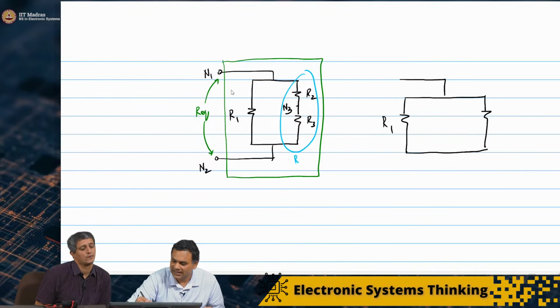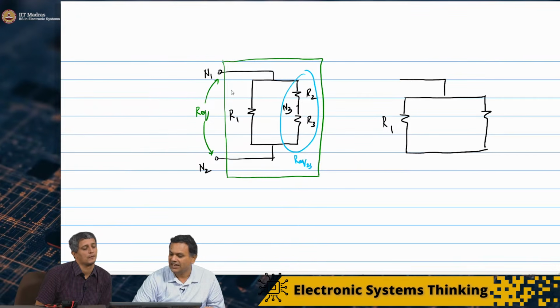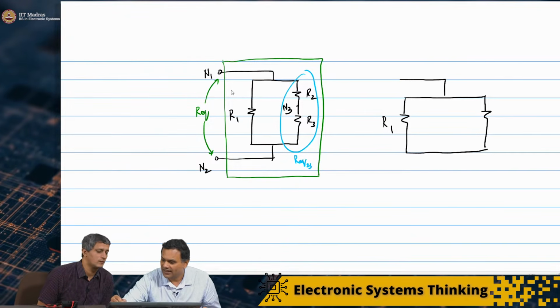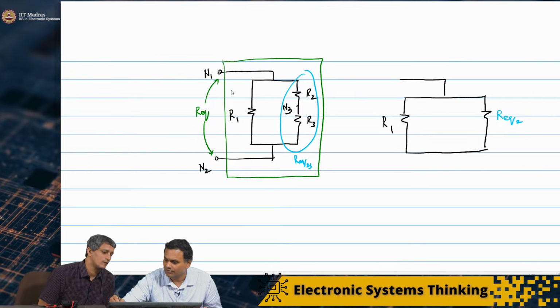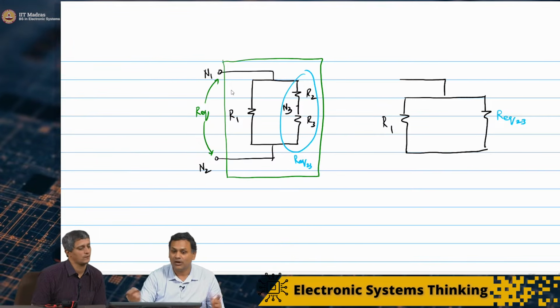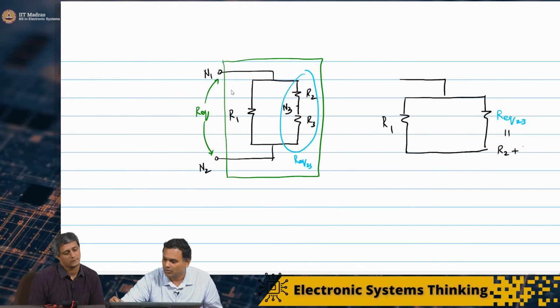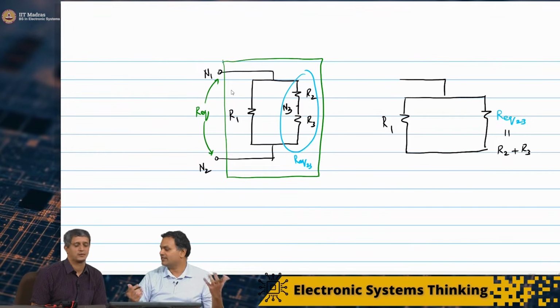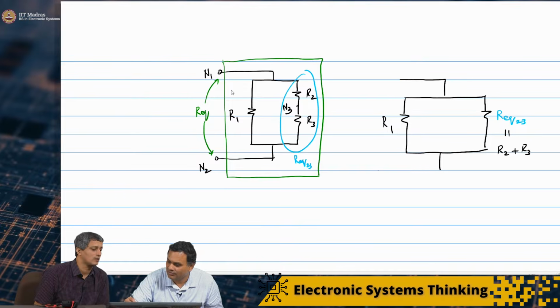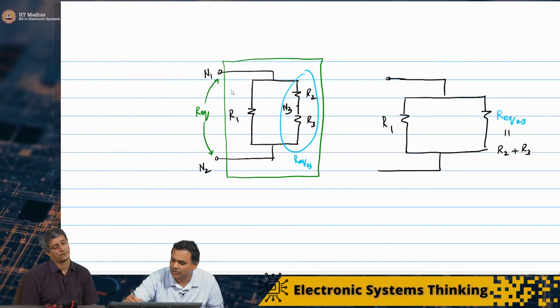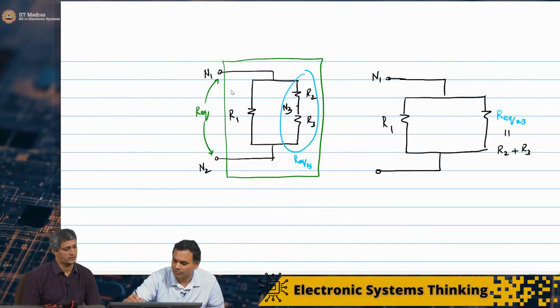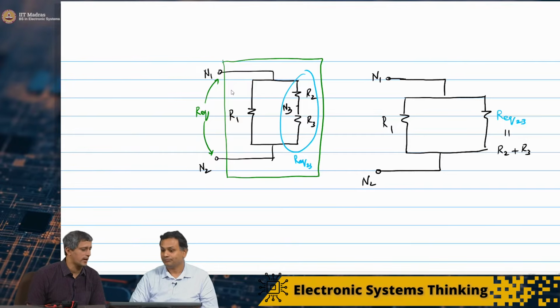So this had R equivalent 2,3, and that resistance comes over here. And we know what that value is. That is exactly equal to R2 plus R3, because they are in series. And now I can complete the rest of the network, bring out the two black box nodes. So we have to keep that intact. That's the only thing.